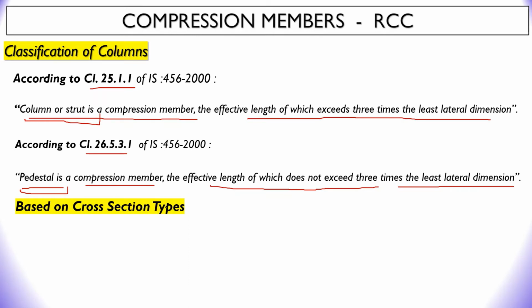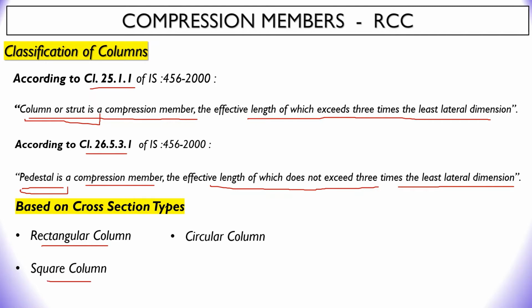Now, based on the cross-section type, a column can be a rectangular column, that means having a cross-section shape of a rectangle. The second type of classification, the column may be a square column. The third one, as per the cross-section, we can classify as a circular column.